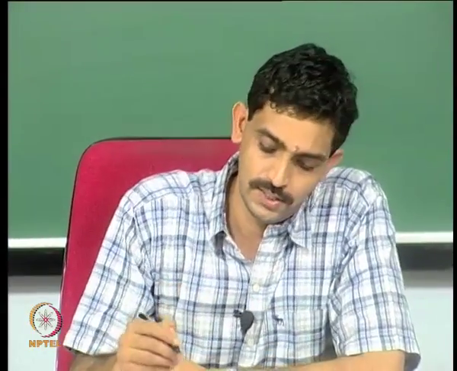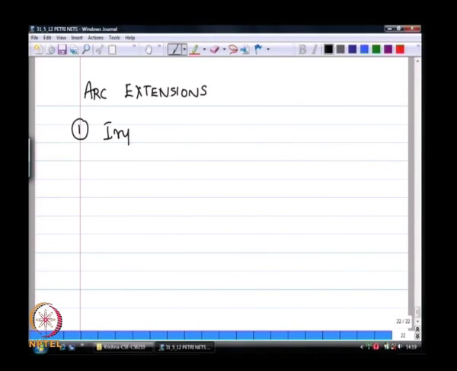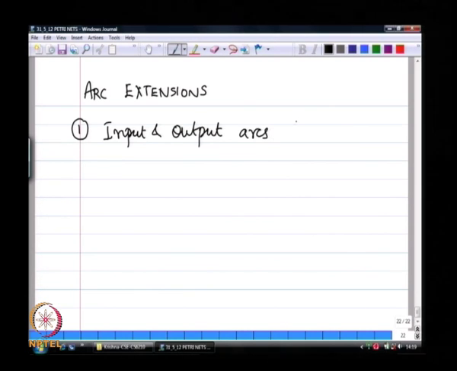On the input side, if I put a number 3, it means at least 3 tokens should be there in the corresponding input place. If you put 5 on the output arc, it means 5 tokens are going to be added to the corresponding output place. That is one particular extension, and in some cases it is actually useful, so we will see how. So the input and output arcs can be assigned some weight.